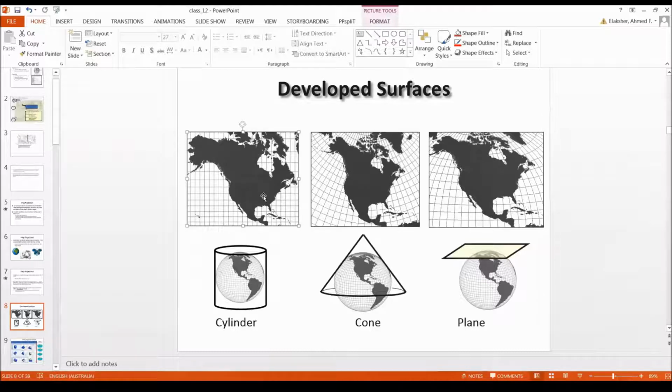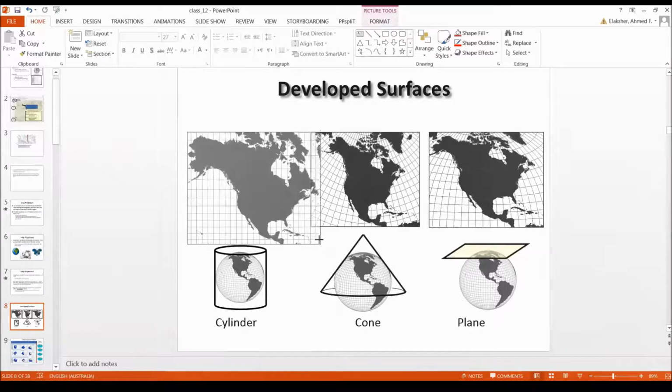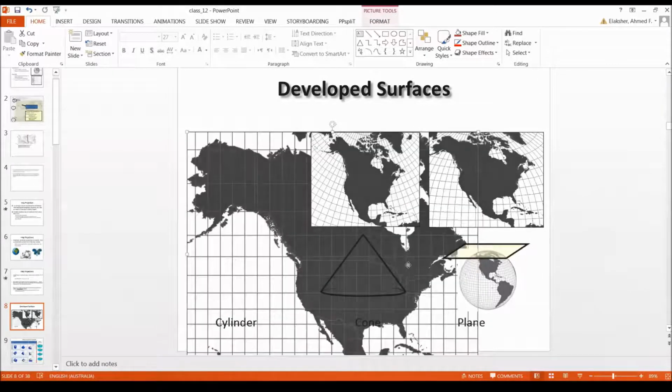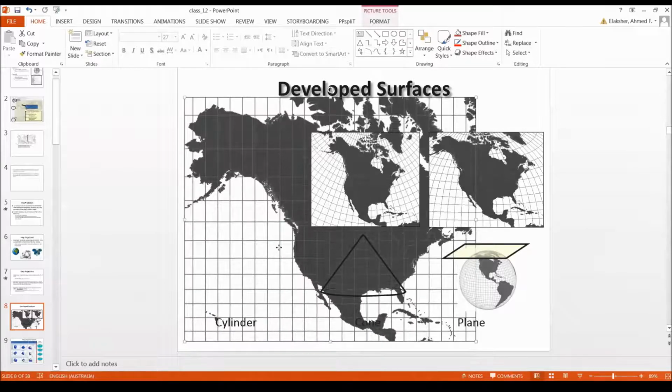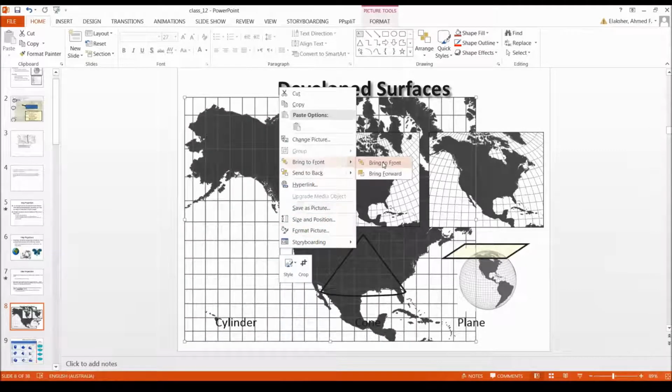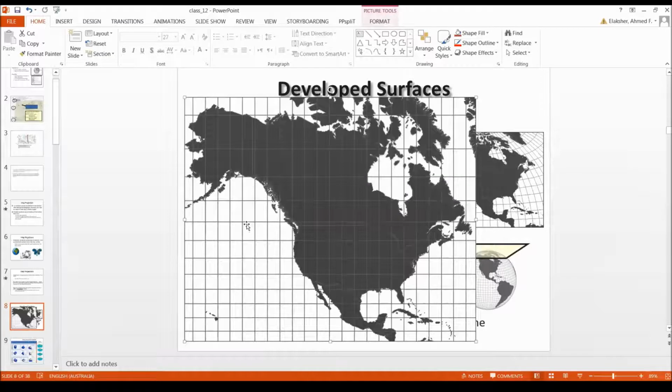And if you look here, they are parallel, yes, but I'm going to make this one the biggest and bring it to the front. Why? To show you the distances here, how the distances are changing. So this distance is an equal distance.